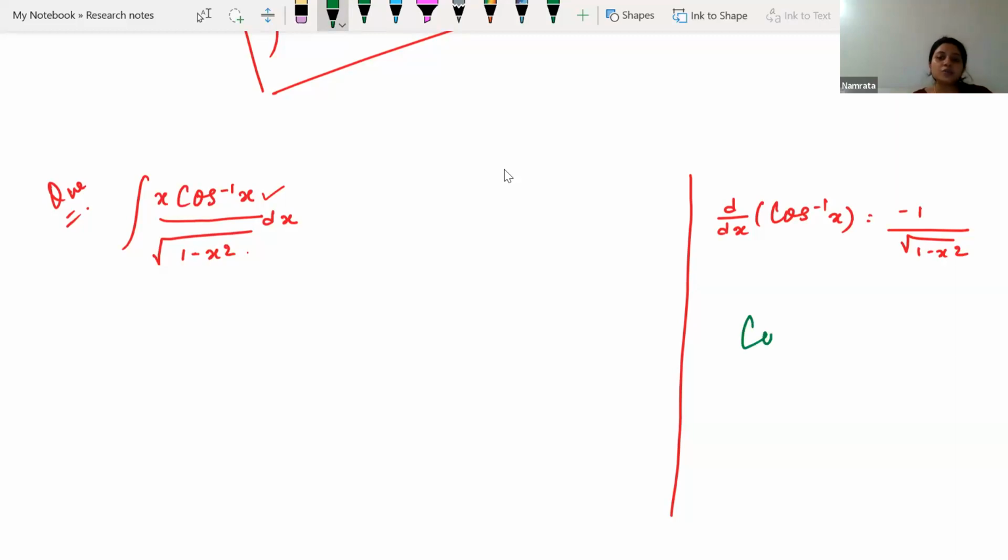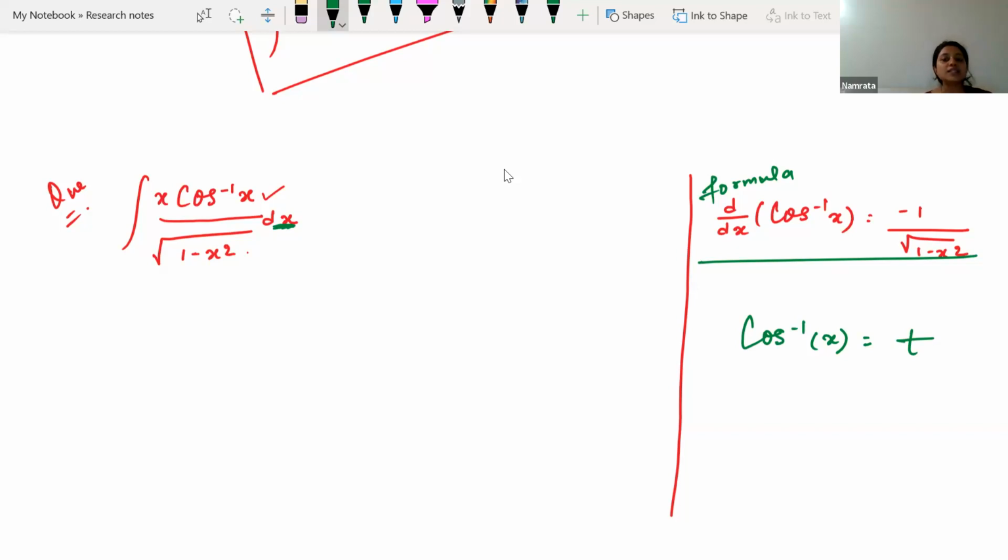This was just the formula, and we will be using it just after a while. So I am going to consider cos inverse x as t. Whenever we do the substitution, we have to differentiate both sides, because I want to convert this dx in terms of dt. Then only I can go ahead and do the integration.